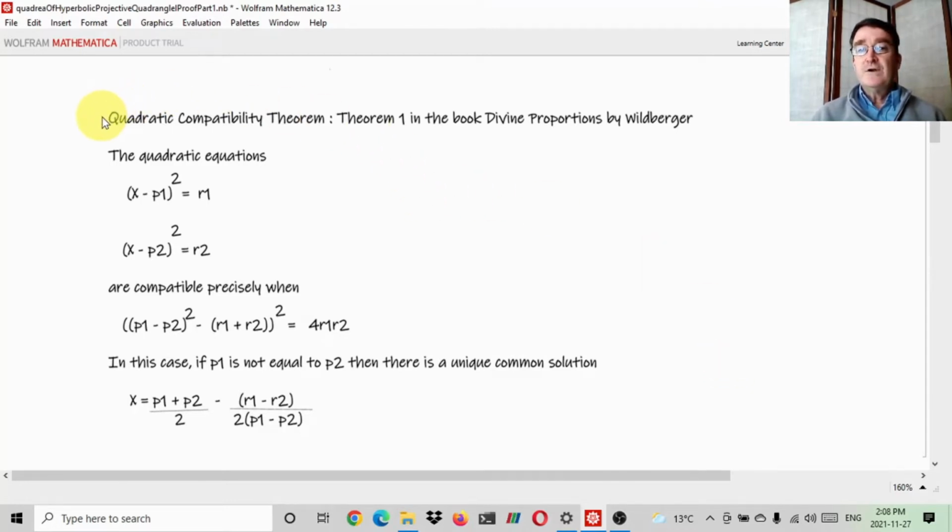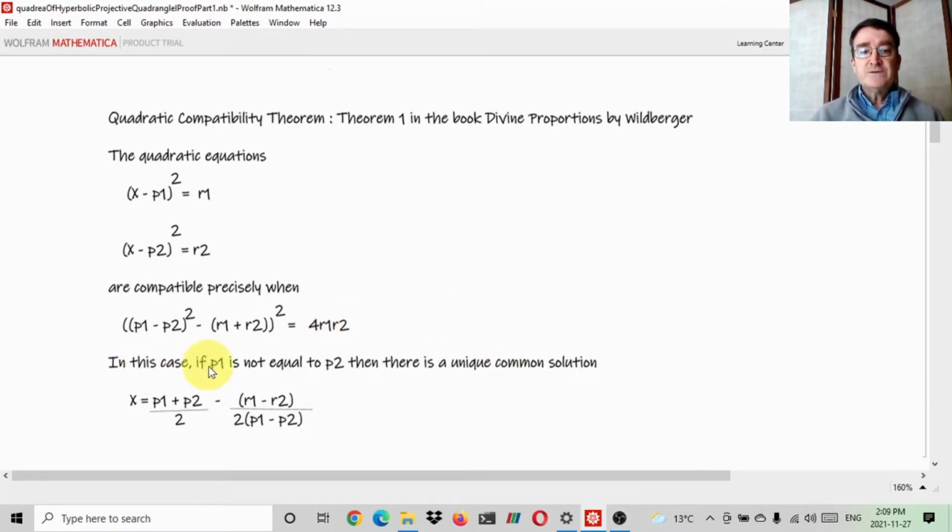The proof makes use of the quadratic compatibility theorem, which is theorem 1 in the book Divine Proportions by Norman Wildberger. It states that two quadratic equations, (x minus p1) squared equals r1 and (x minus p2) squared equals r2, are compatible precisely when this expression is true: ((p1 minus p2) squared minus (r1 plus r2)) squared equals 4 times r1 times r2.